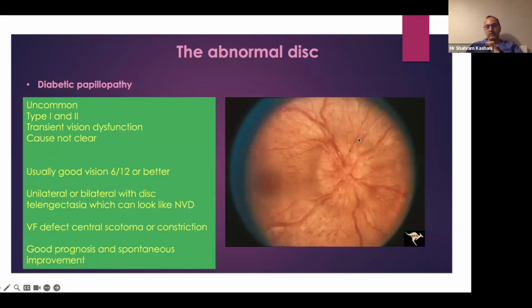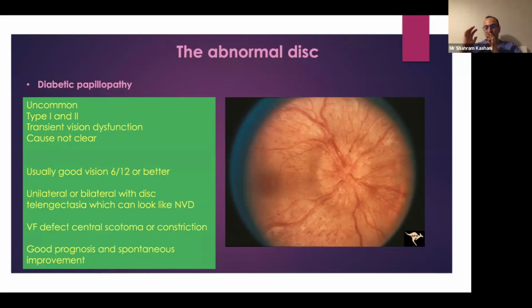This is another vascular thing that's interesting. You can get diabetic papillopathy. I see a lot of diabetic patients, but very few who have papillopathy. Often this is a swollen disc, as you can see here, looks quite scary, really swollen, lots of vasculature.